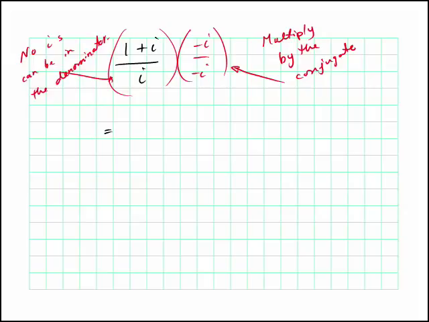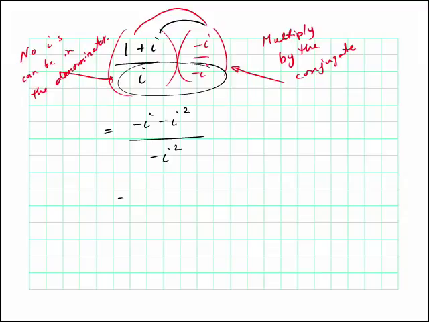Distributing in the numerator, 1 times negative i is negative i. Negative i times a positive i is negative i squared. And in the denominator, negative i squared. Now remember our i squareds, the negative i I have to leave alone, but the i squareds can be replaced with negative 1. So that right there is a negative 1.